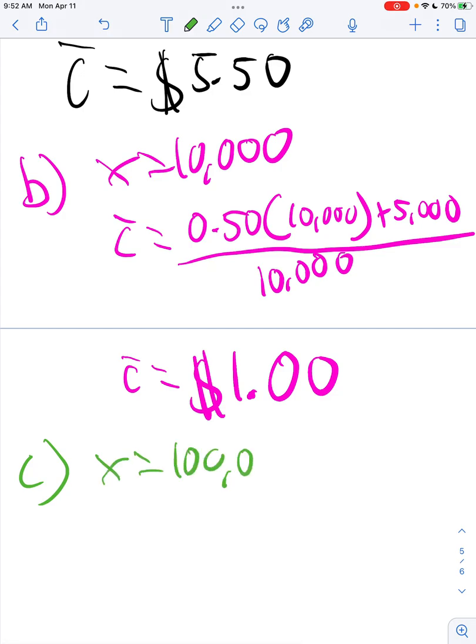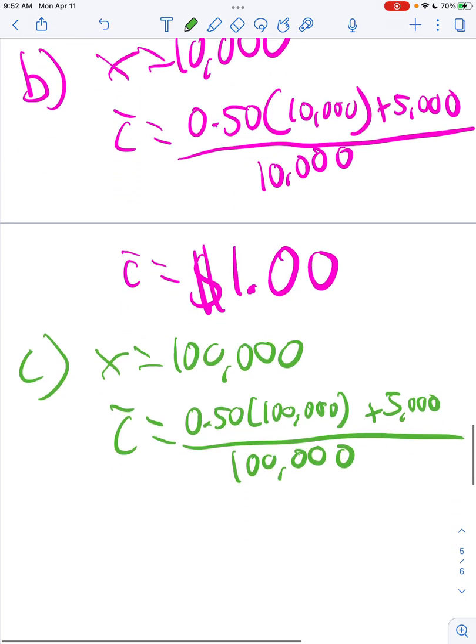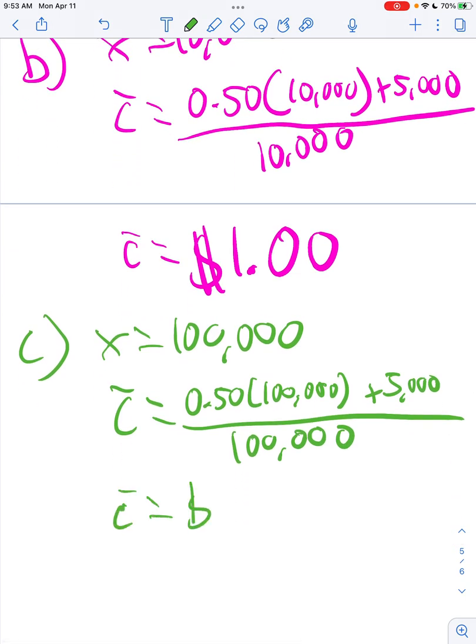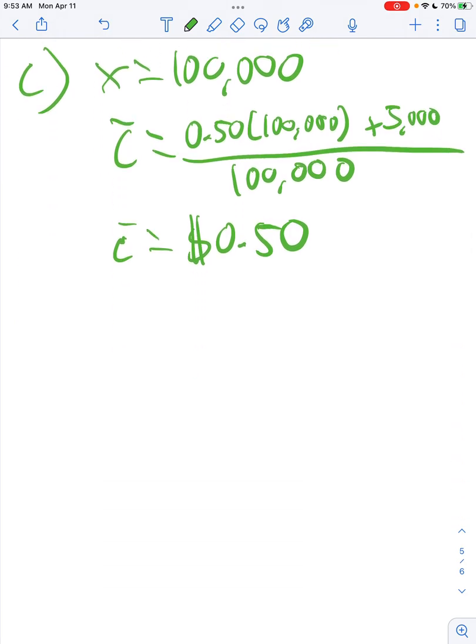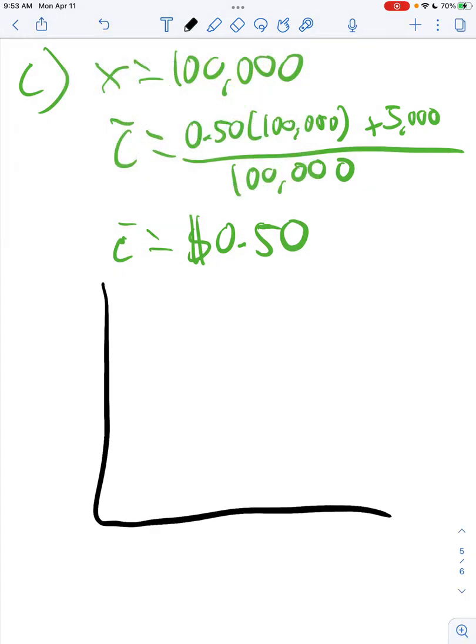And C, when I plug in x equals 100,000, I'm going to get an average cost of 0.50 times 100,000 plus 5,000 all over 100,000, which is about 55 cents. And so if we were to graph this, we would see that our graph would look something like this.